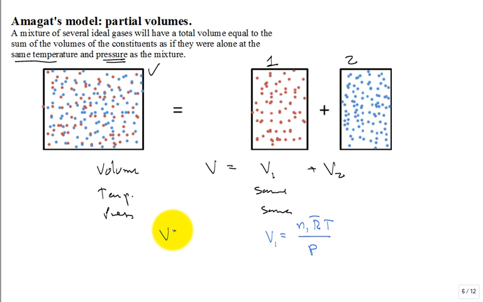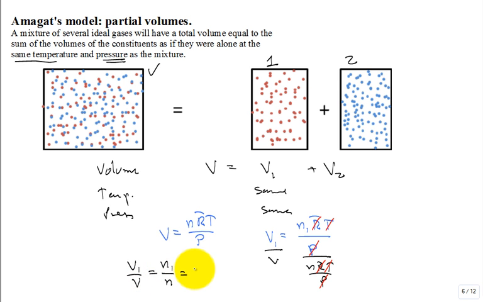So V is equal to total N R bar T divided by P. I do the same thing. I bring that equation over, divide by V on the left, divide by N R bar T over P on the right, and cancel the P R bar T's. And we have the same idea that V1 divided by V is equal to N1 over N is equal to Y1.